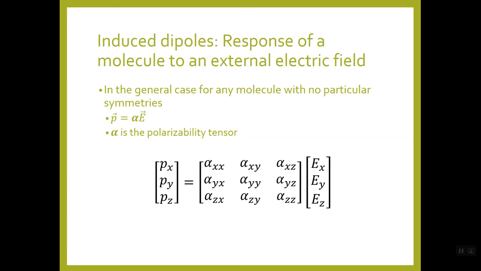For example, in spherical symmetry, if you apply an electric field in the X direction, you're going to get a polarization in the X direction. If you apply an electric field in the Y direction, you get a polarization in the Y direction, etc. If you don't have spherical symmetry, there could be some non-diagonal terms here, so that if you apply an electric field in the X direction, maybe you'd get a dipole moment in the Y direction.